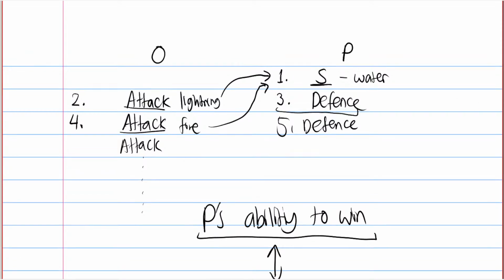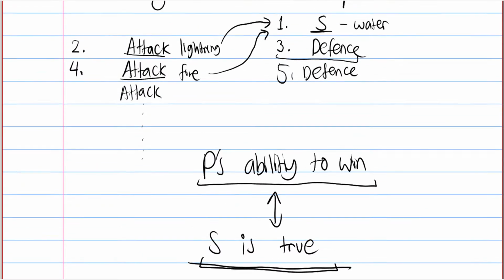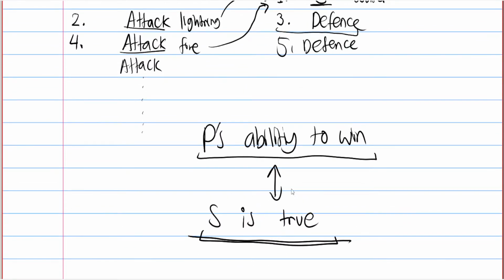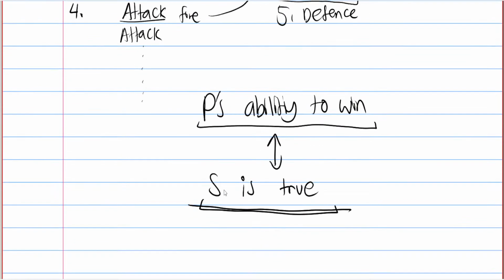We don't want to do this because it's boring. It's just a traditional normal proof, right? So there's an alternative. We can instead prove that P has the ability to win this game, this dialogue. And this is a more fun or interesting thing to analyze rather than constructing a normal regular proof.